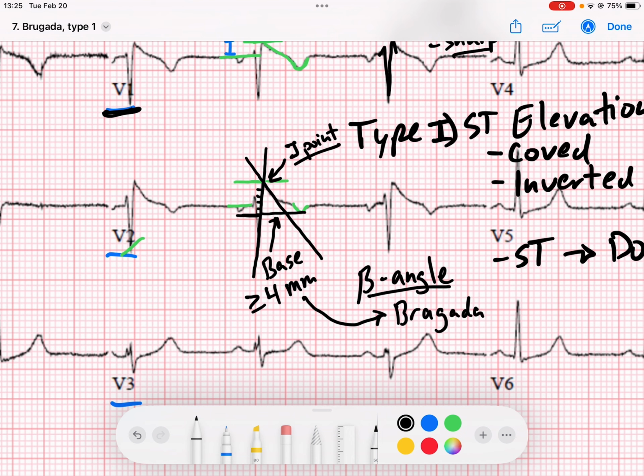So the wider the beta angle, the higher the number that is going to be associated with the length of this base, right? Imagine if we drew another example of my beta angle. If my beta angle was a lot wider, notice this angle here is a lot wider, then the base calculation is going to be larger, right? So the larger the base created, the more likely you are to have Brugada. And 4 millimeters seems to be a decent cutoff.